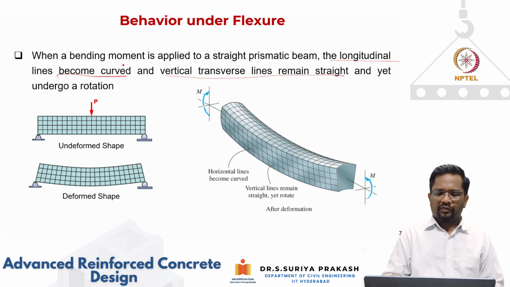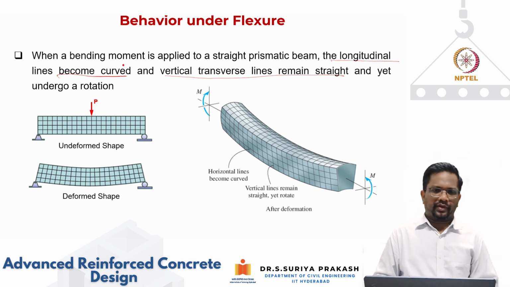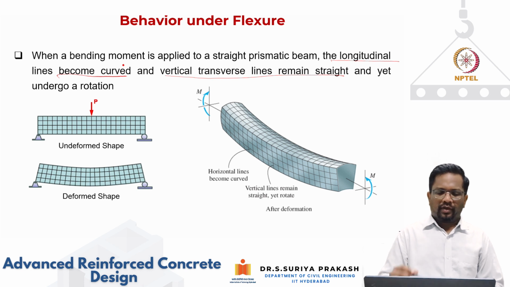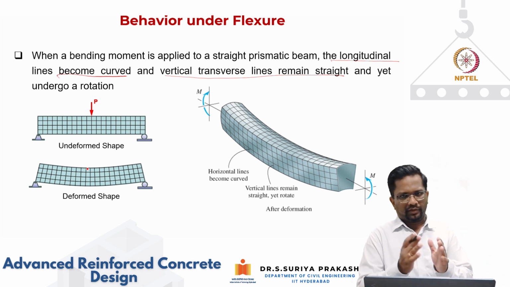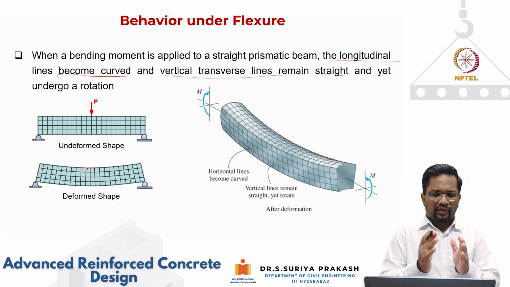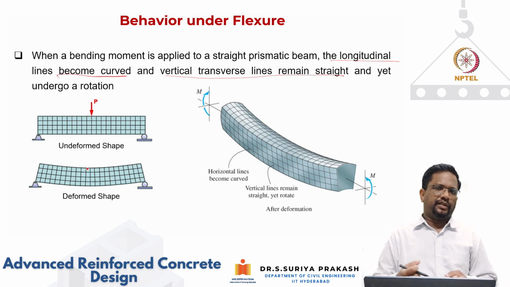You can see that after deformation, the vertical lines are going to remain straight, however they're going to rotate, and horizontal lines become curved. If you look at the top, the elemental length is getting reduced, and at the bottom the horizontal line is getting extended.